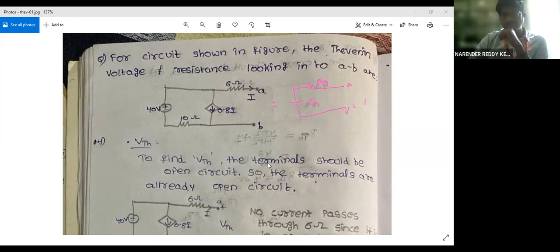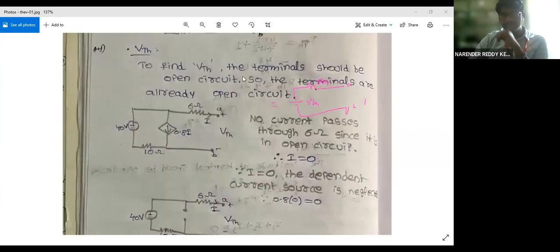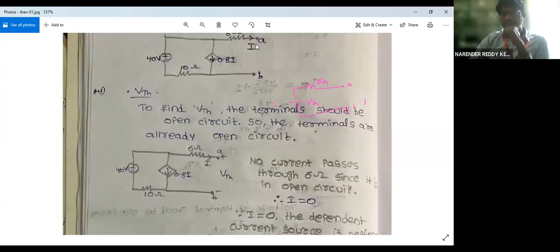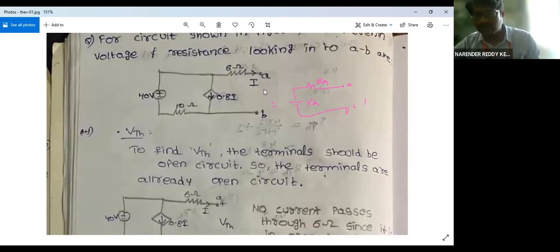How do you find VTH? First, what's the condition given here? The dependent value depends on I, the current flowing through this external circuit. If I have a load resistance here, the load resistance is to be connected in series here. Suppose this is the equivalent circuit given, where will RL be? It will be here.